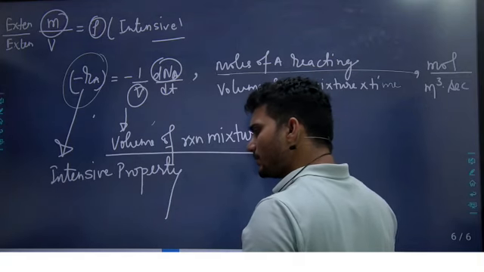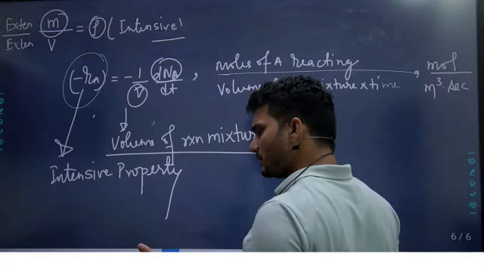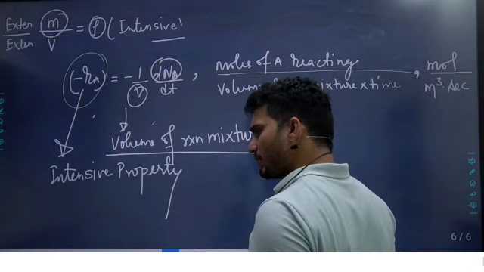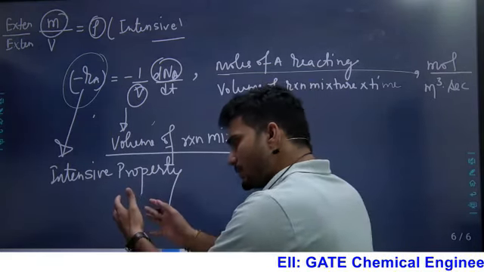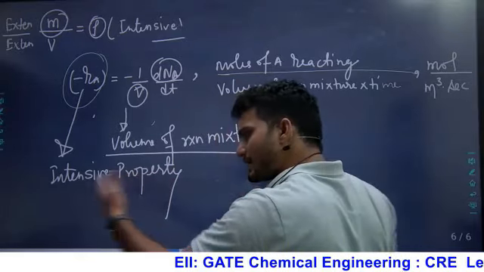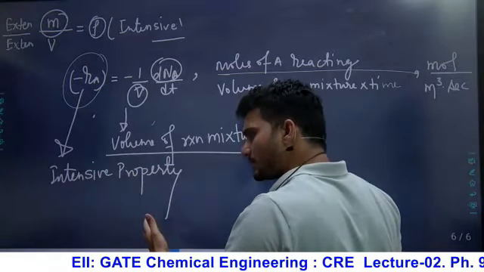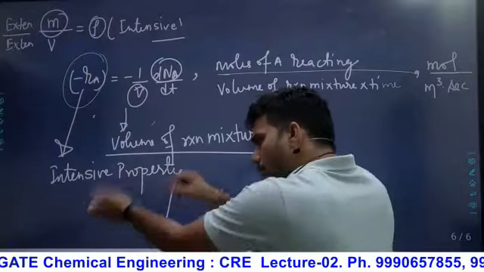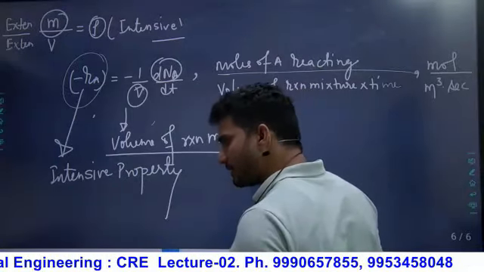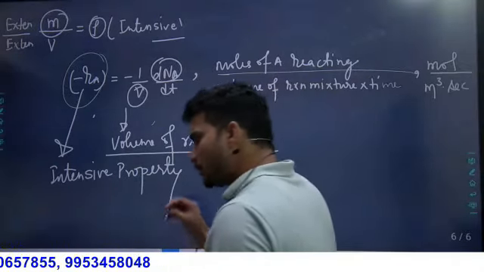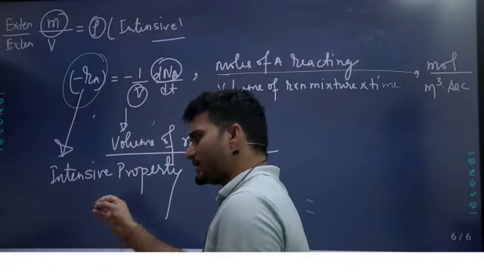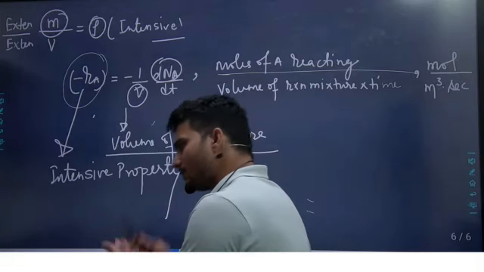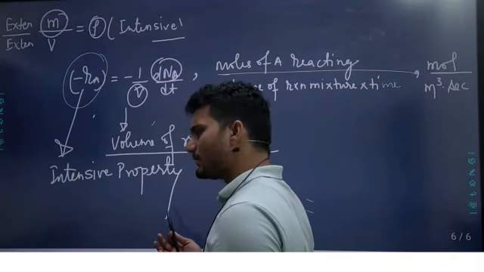We want to make it independent from the mass, so I am dividing by volume. A small amount, its volume will be small. A large amount, its volume will be large. So in both cases you will find the same rate. Now there will be no tension in your mind about which rate is correct. If you are dividing by volume, it is now independent of mass.